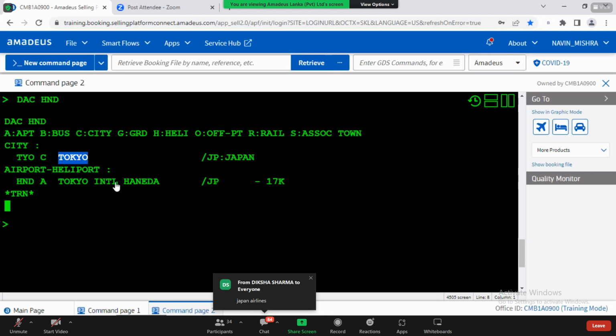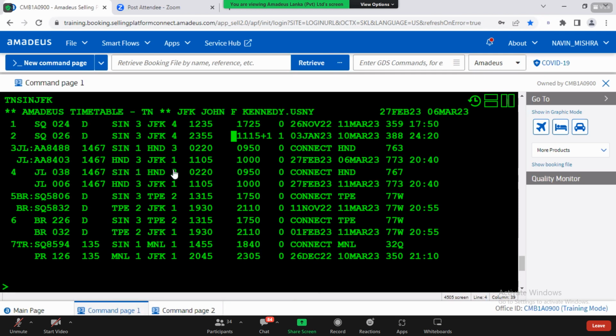So first the passenger departs from terminal number 1 and reaches Tokyo Airport at terminal number 3. Now again, the passenger has to deboard and change to a different flight, JL006, board at Tokyo Airport and then reach John F. Kennedy. Such a flight is called a connecting flight.